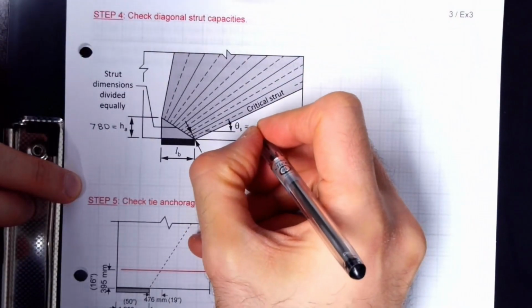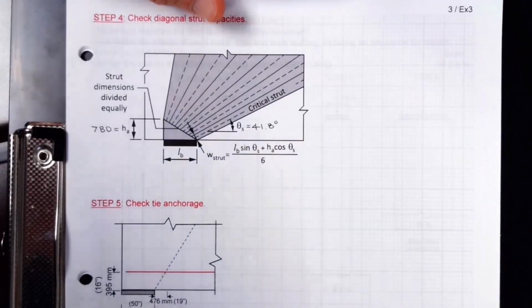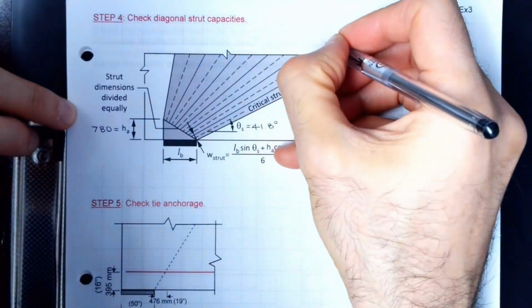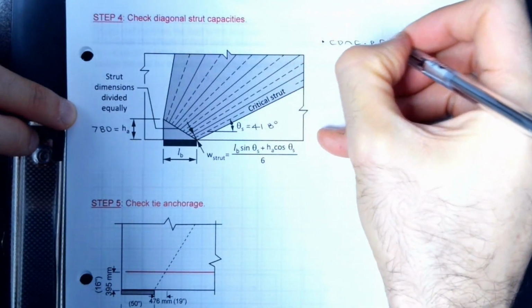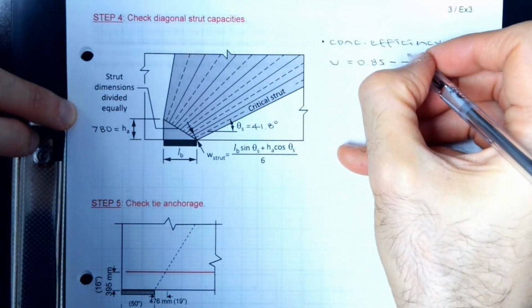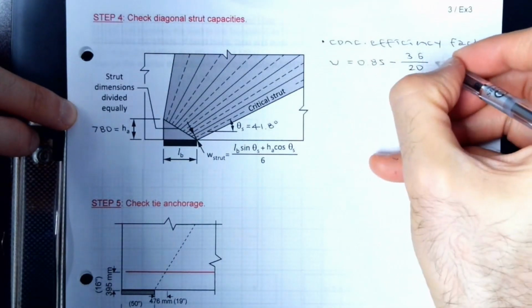Theta, we found it to be 41.8 degrees, an important parameter. So I'm going to be calculating first the concrete efficiency factor, minus F prime C, which is, I'm just using US units because this equation uses US units, divided by 20.